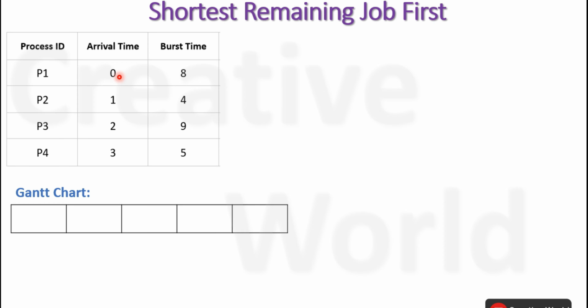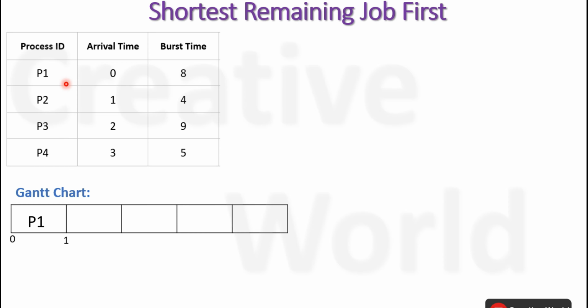If we see, before time t0 no process was present. At time t0 a process P1 occurs, and its burst time is 8. So what will happen, this process will be considered as shortest job, so it will be executed at time 0 and only one execution will occur of this process up to time 1.